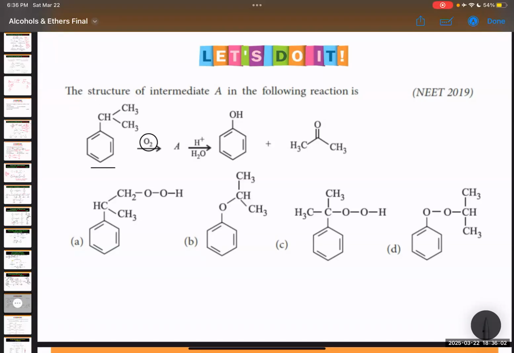The intermediate A is none other than the name of the reaction itself, which is cumene hydroperoxide. The oxygen will get added to this carbon, OOH. So this is going to be the answer. Very simple question.